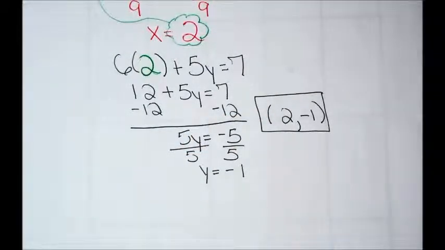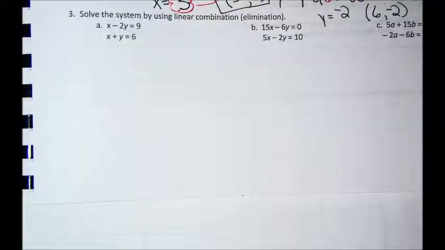Now let's look at some examples that aren't as straightforward. Lucky for us, our variables are already lined up and our constants are already together on the other side. But I don't have a variable that will just cancel out when I add. I do, however, have a variable that already has the same coefficient. What has the same coefficient?